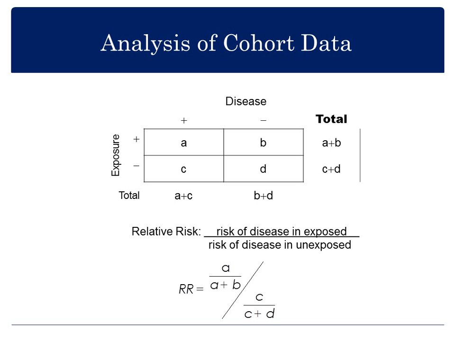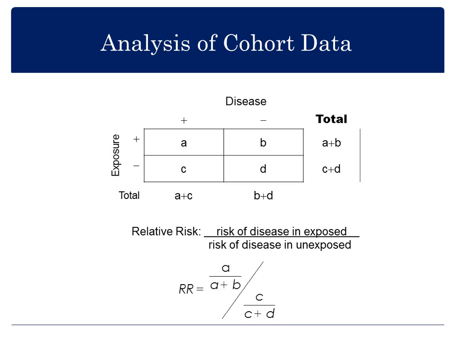So again, if you have cohort data, here's another term: relative risk. We had odds ratio, we had prevalence, incidence. Those are terms commonly associated with these types of studies. The relative risk is just the risk of disease occurring in the exposed subjects over the risk of disease in the unexposed subjects.